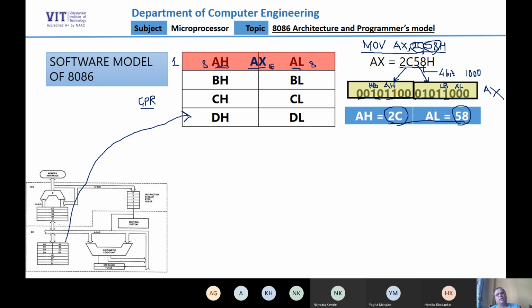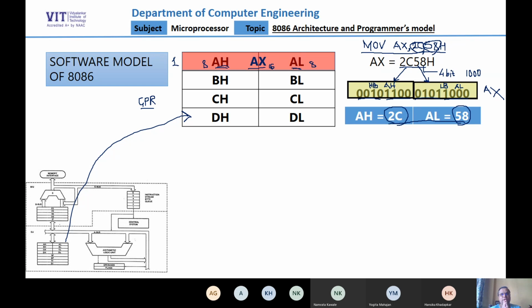Whenever we are performing addition or subtraction, one of the operands can be AX. It can also be used for storing the result of arithmetic instructions. Or whenever we want to perform logical operations like AND, NOT, rotate, shift, then also we can use AX as one of the operands, or AL as an operand, or AH as an operand. So it can be used as an operand for arithmetic and logical instructions. This is one of the uses of the AX register.